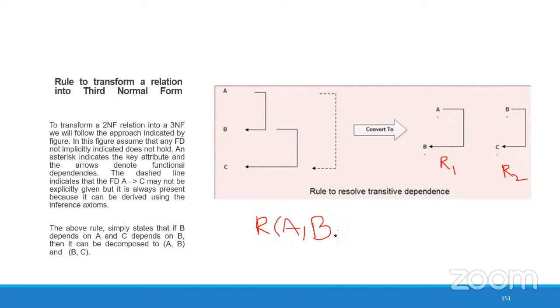There is a transitive dependency, so to avoid it I am dividing this relation into two relations, R1 with attributes A comma B. This is one functional dependency.